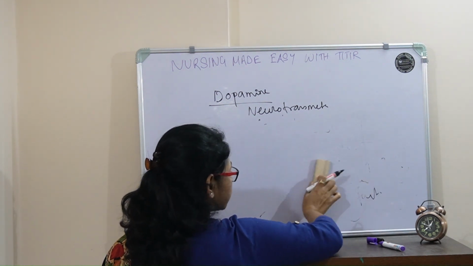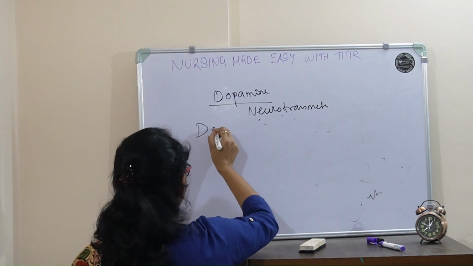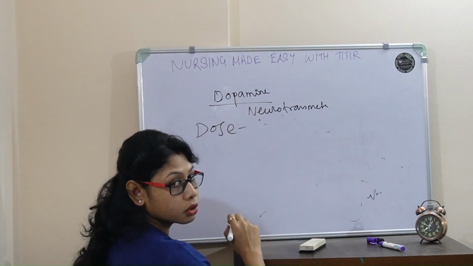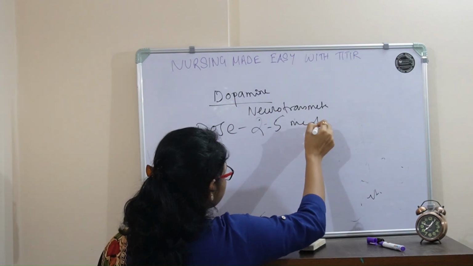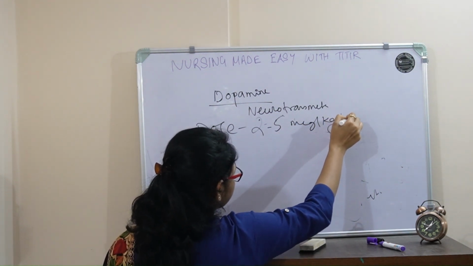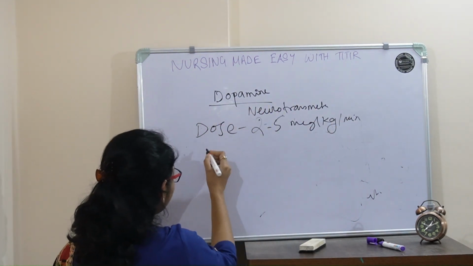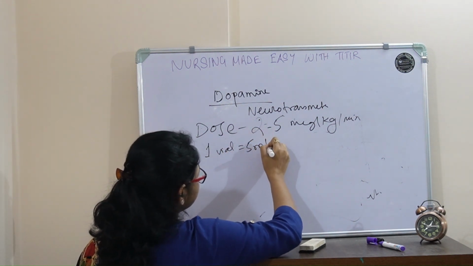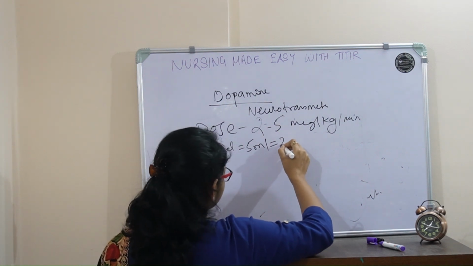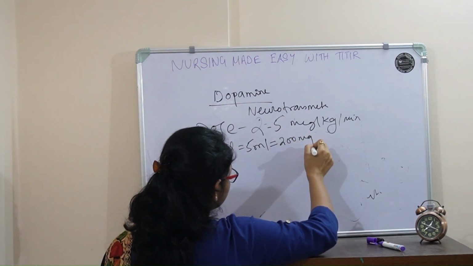So what is the initial dose for this drug? The initial dose is 2 to 5 mcg per kg per minute. One vial of dopamine is 5 ml, that is 200 mg.